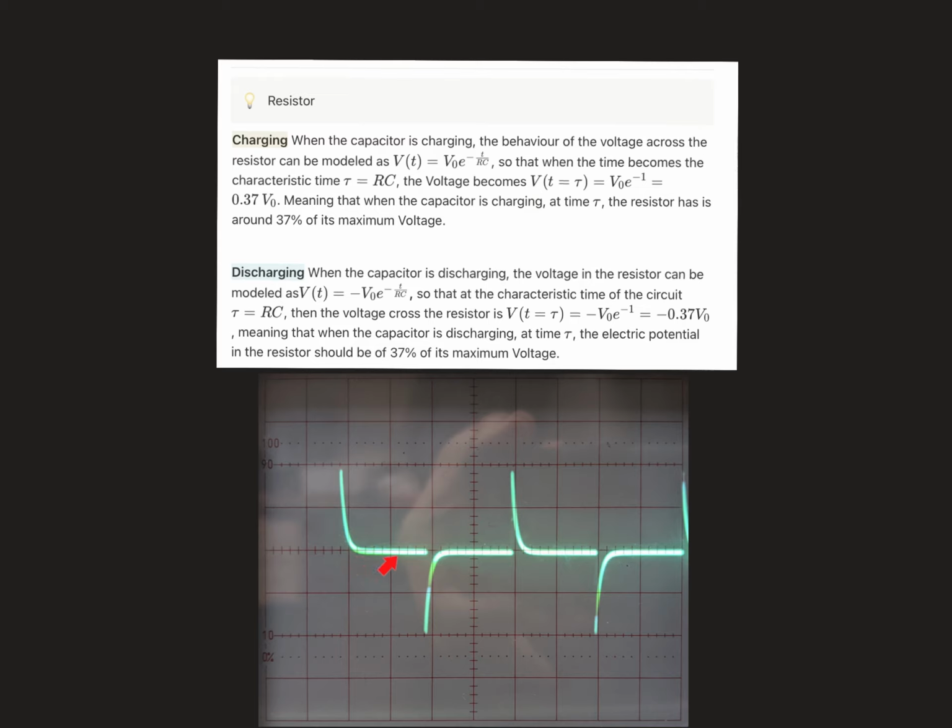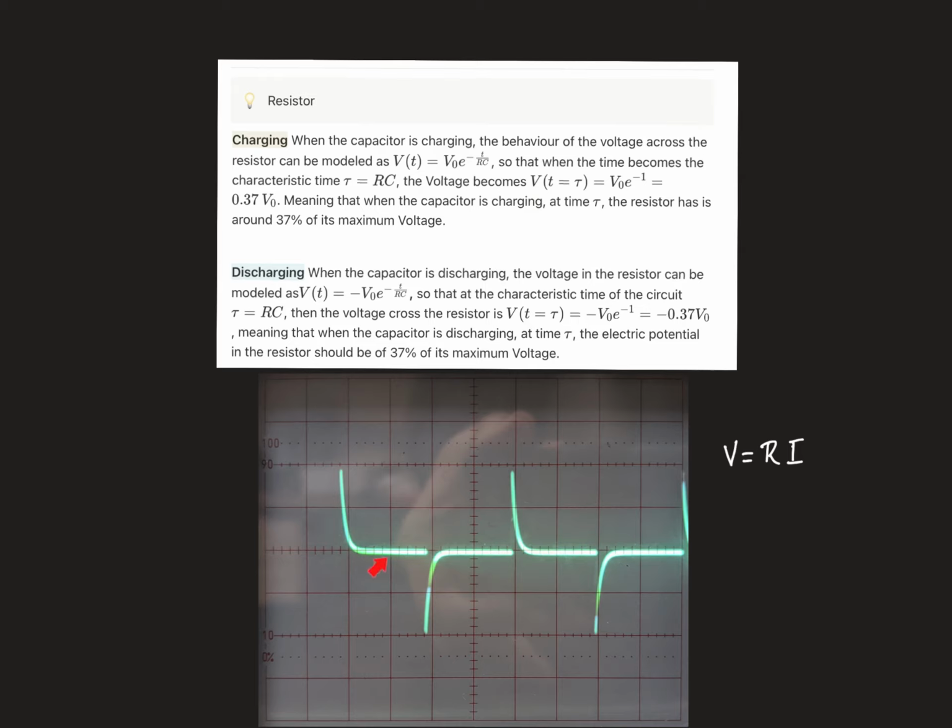Remember that in the resistor, voltage is equal to R, the resistance, multiplied by the current. The resistance is a constant, but if the current is 0, the voltage across the resistor will also be 0.